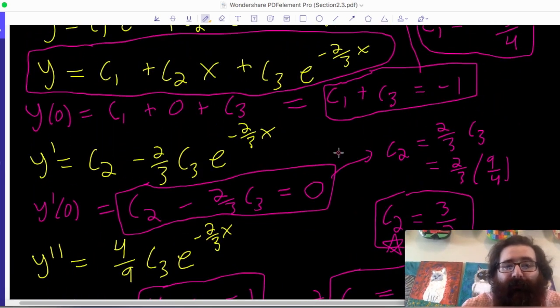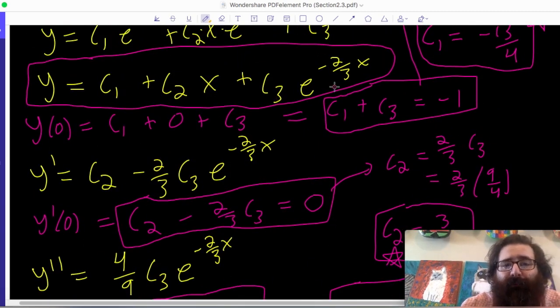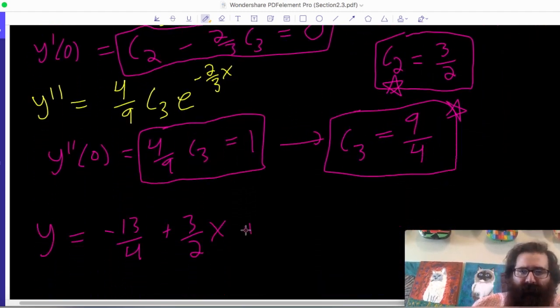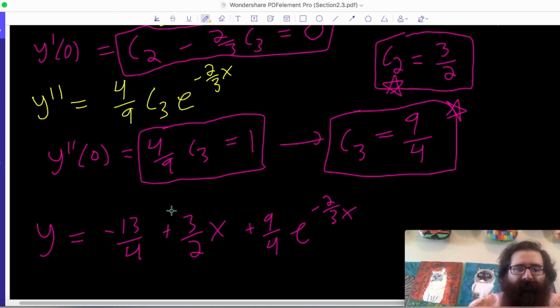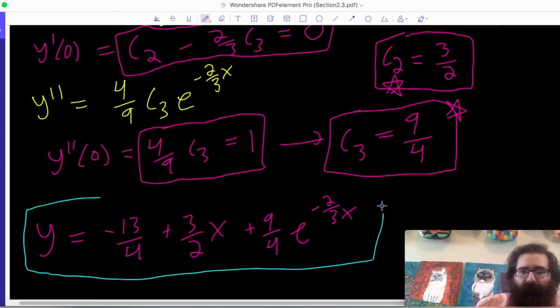Plus c sub 2 times x. c sub 2 is 3 over 2. So 3 over 2 times x. And then c sub 3 e to the -2/3 x. c sub 3 is this 9/4. e to the -2/3 x. And this looks great right here.